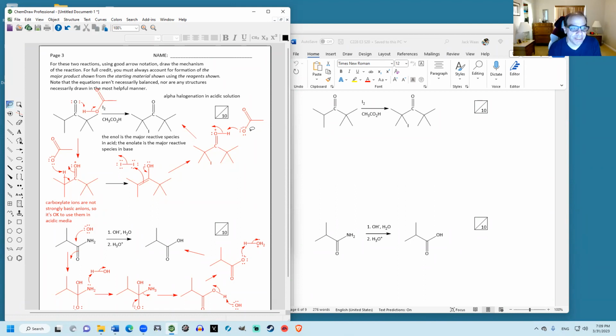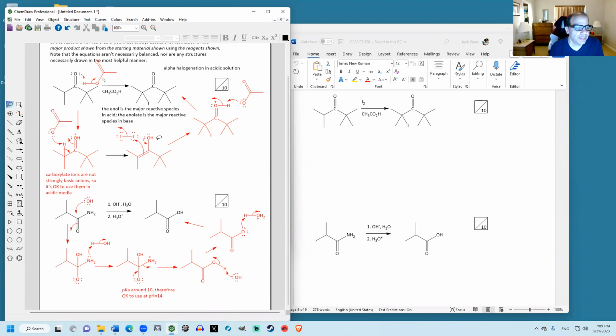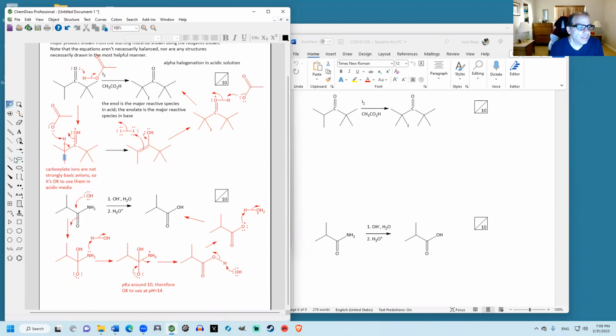OH- is not fine. NH2- is not fine. Acetate ion is fine. So the acetate ion pulls the proton off this oxygen, getting rid of the plus charge, and you have your product. Oh, I even put it here. Carboxylate ions are not strongly basic anions.